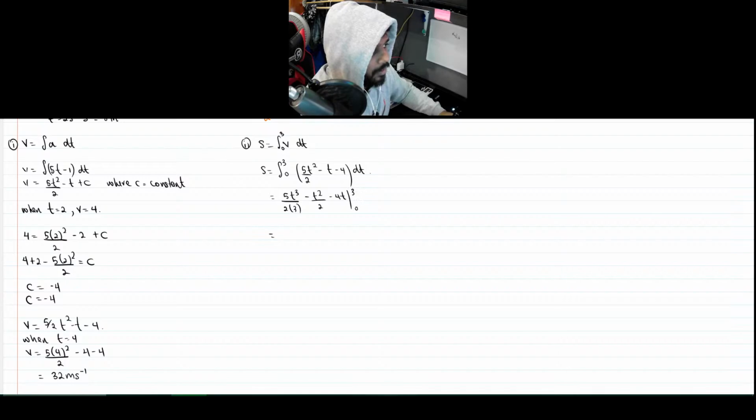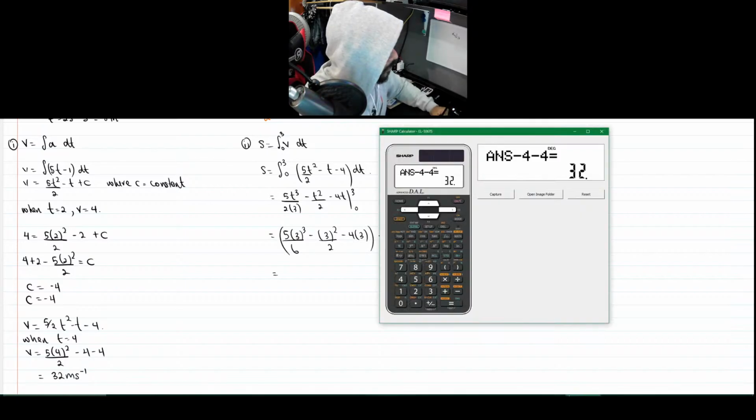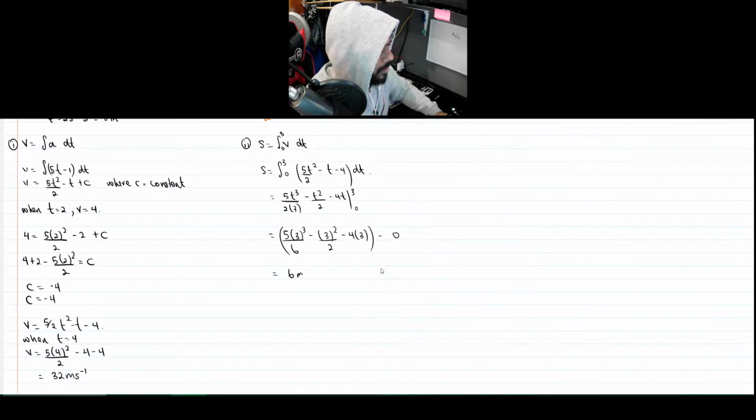I know it's just the upper limit, I got how to substitute, but I still want to show it. 5 into 3 cubed over 6 minus 3 squared over 2 minus 4 into 3, take away 0. 5 into 3 cubed divided by 6, take away 9 on 2, take away 12. 6 meters.